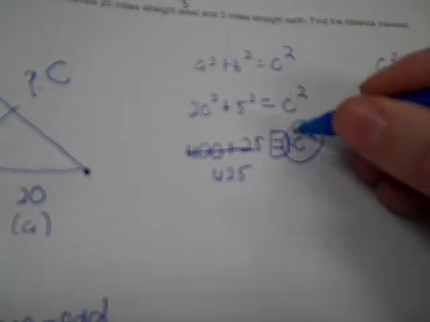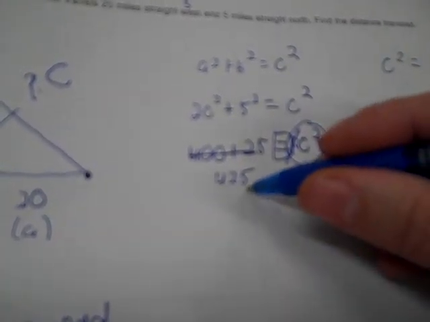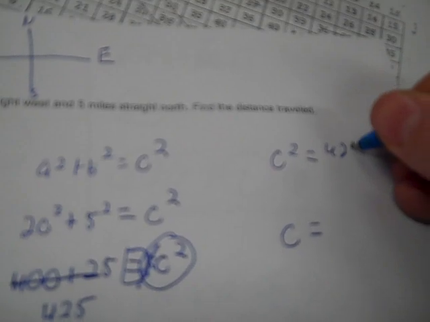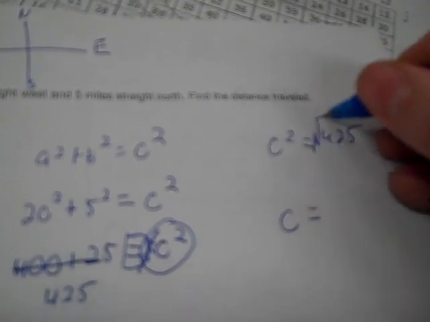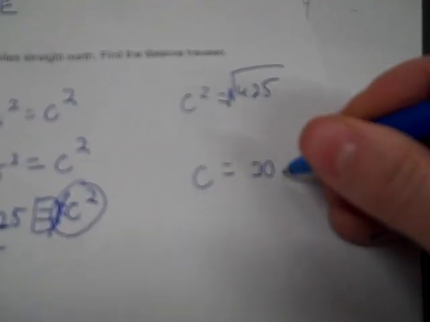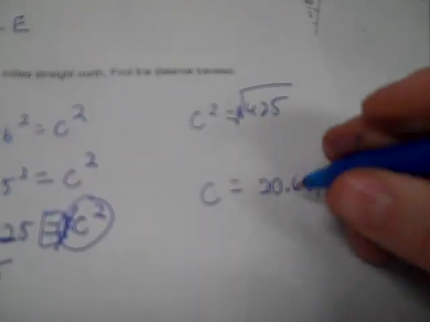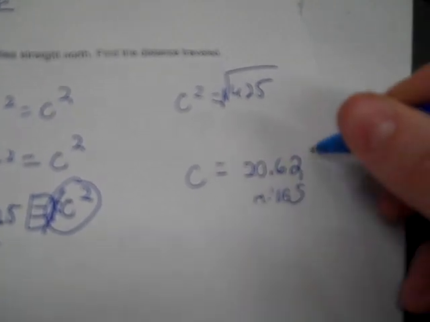We have a 1 there, so we don't need to divide. We know what C to the second equals. And now we find the square root to find what C actually is. So 425, and that's 20.62 miles.